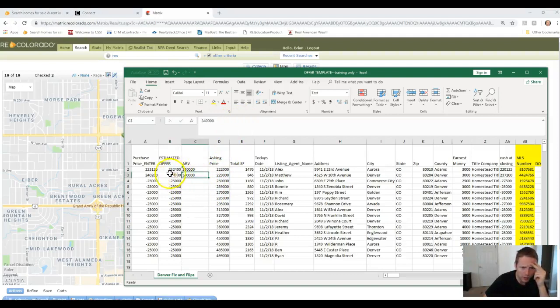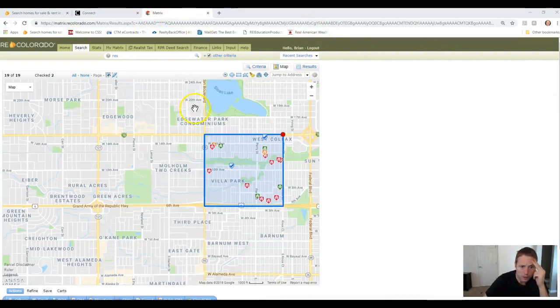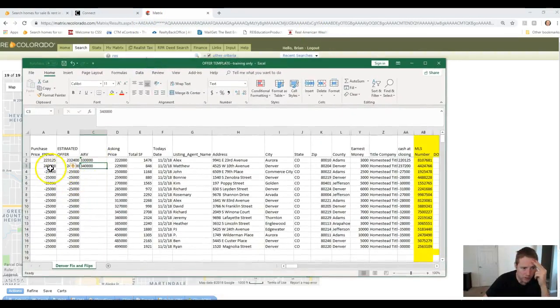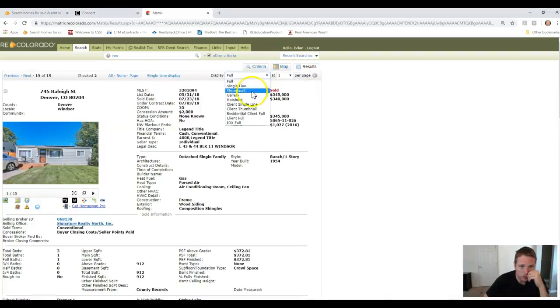So when you put in an ARV, it pumps into here, which dumps out this purchase price right here. So 240 on this one. And so going back to our spreadsheet, 240, they want 229. Let's take a look at this property one more time.